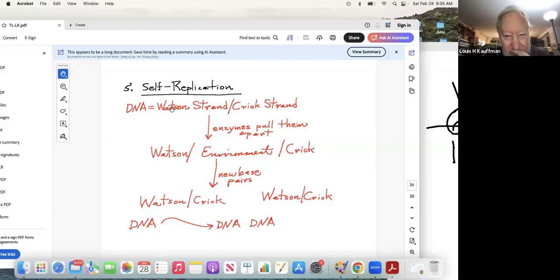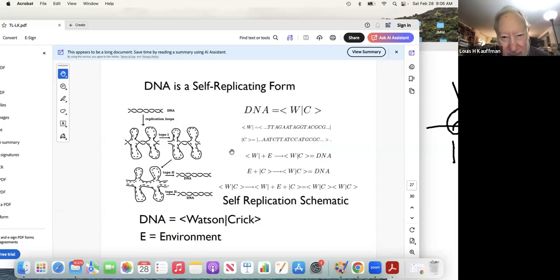And you end up with, in principle, but this only happens locally, Watson, Crick, and the environment between them. And the environment is like the identity in the category, and the environment is able to factorize into a Crick strand that is attached to Watson and a Watson strand that is attached to Crick. And so the DNA reproduces. Here's the DNA.